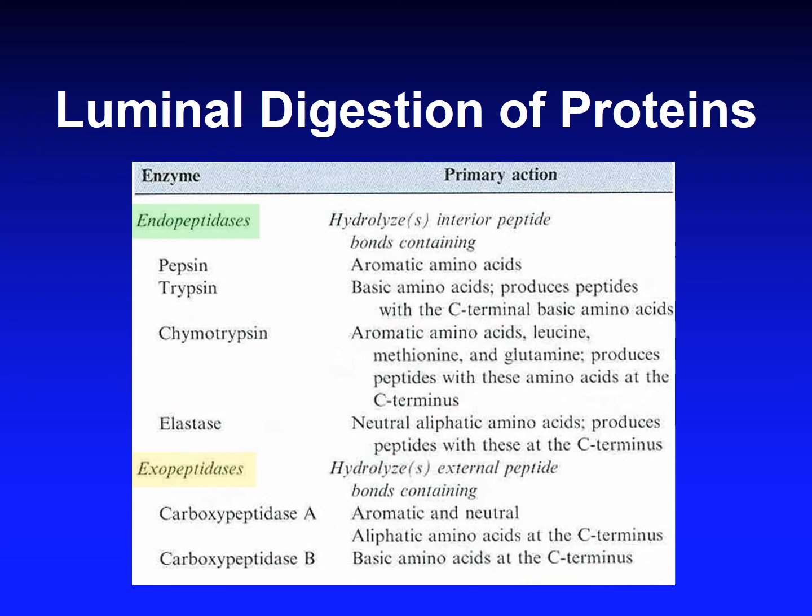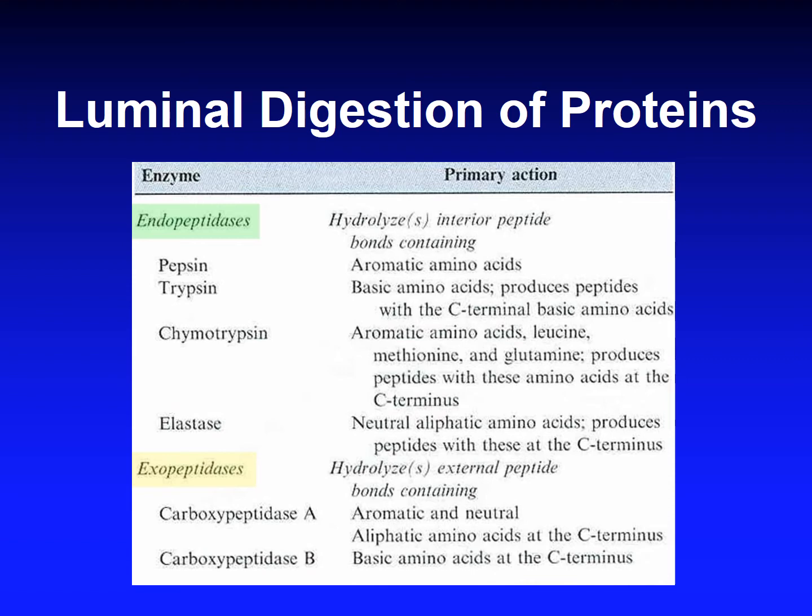Some of the enzymes that belong to the endopeptidase group, enzymes that attack the inside peptide bonds of the protein, are pepsin, trypsin, chymotrypsin, elastase.